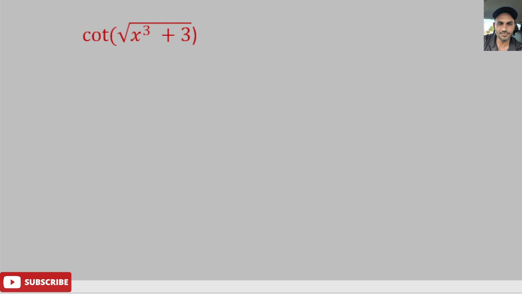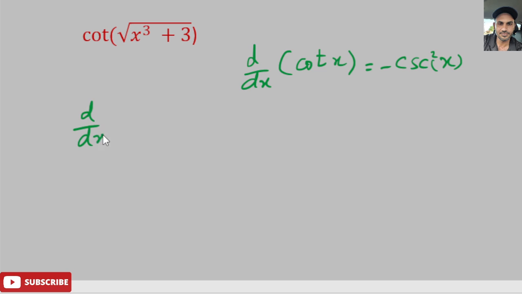So now let's go ahead and work out the second example. Here we have cotangent of square root of x cubed plus 3. So similarly, I'm going to write down the derivative d over dx of cotangent of x equals negative cosecant square of x. And if we have to apply the chain rule, it's going to be d over dx of cotangent of u equals negative cosecant square u times du over dx.